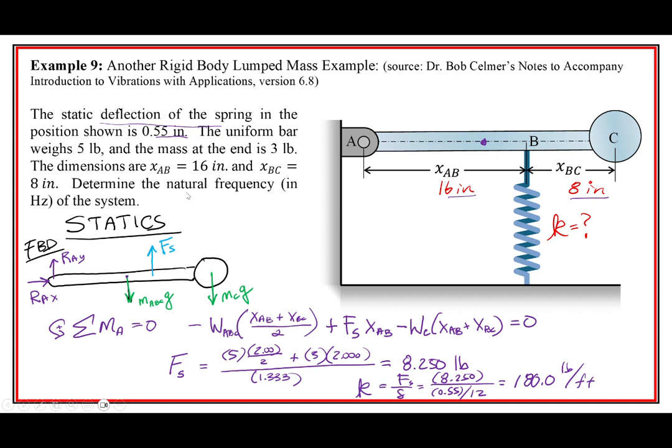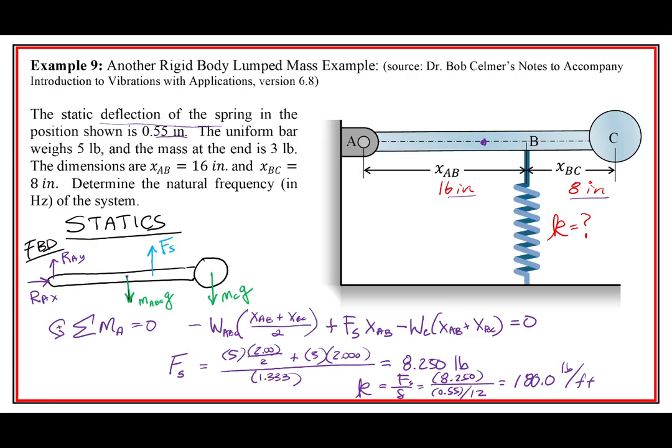We want the natural frequency of the system, though, so we need to draw and create an equation of motion for this thing. So start out with an FBD and IBD. So remind yourself what it looks like, this thing. Oh man, I got the wrong answer on this thing.